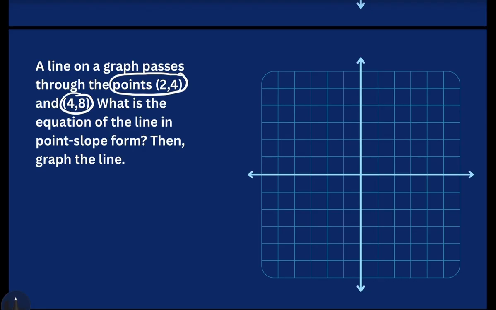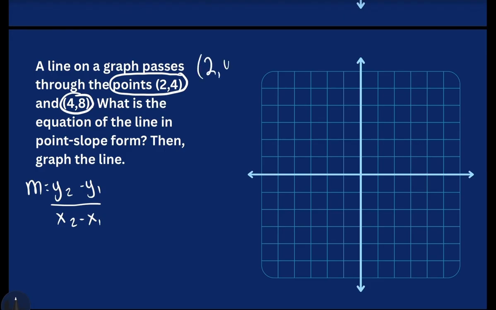But now the good thing is that we know how to find slope when we're given 2 points. Remember that slope is found by doing y2 minus y1 over x2 minus x1, which means we could simply use these points to find our slope.